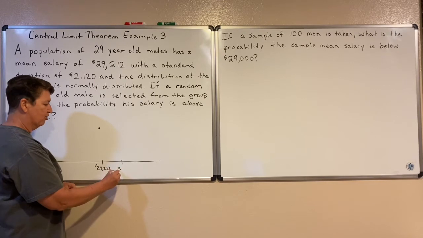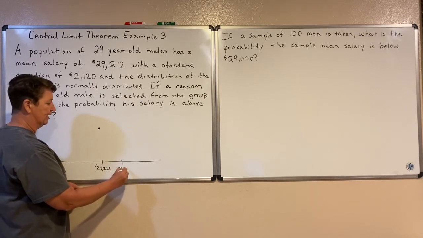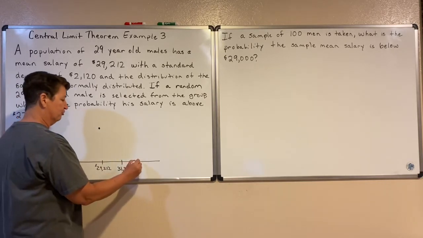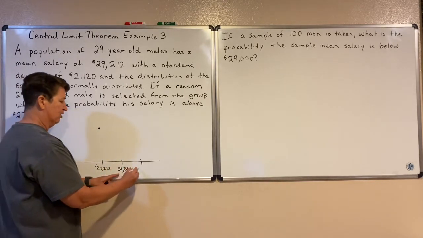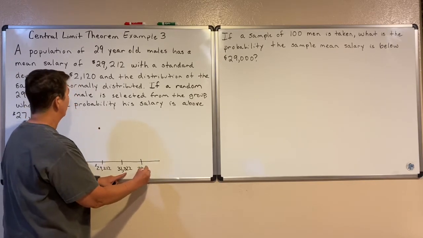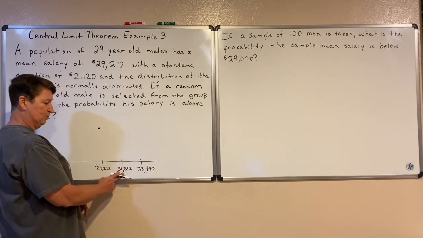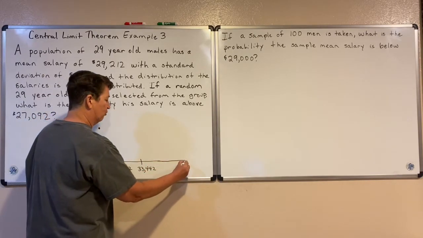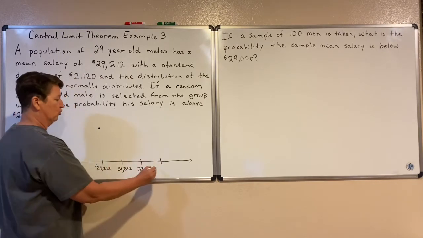So we're at 31,332. Add another 2,120 to that, so then I'm at 33,452. So this is one standard deviation above the mean. This is two standard deviations above the mean. And if we go up one more standard deviation, that third standard deviation, we're at 35,572.